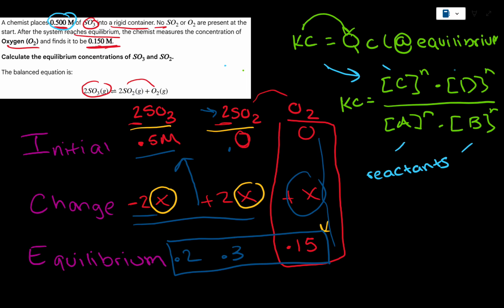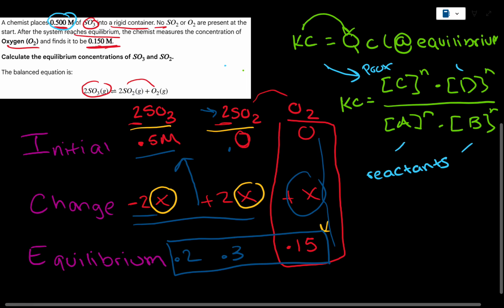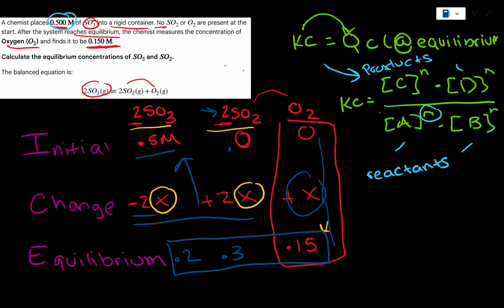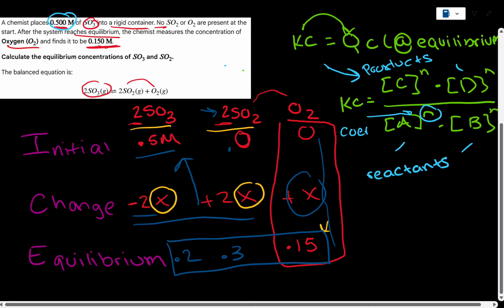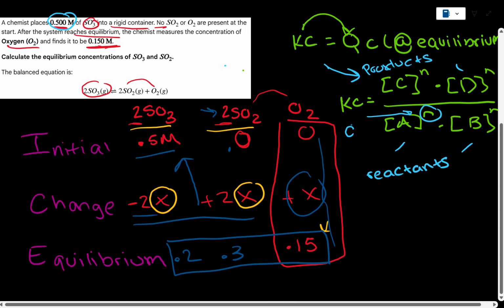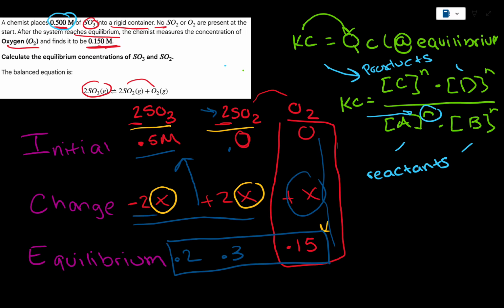And C and D is the concentration for the products. And this little n right here is its coefficient. I'm just going to put, I don't have room. I'm going to just do a really long arrow.